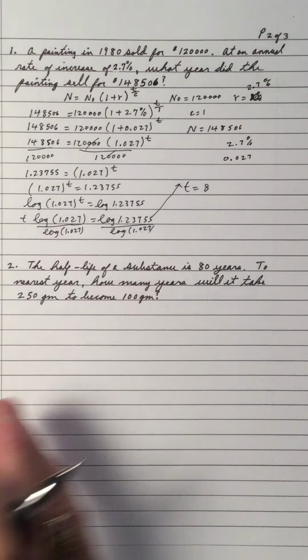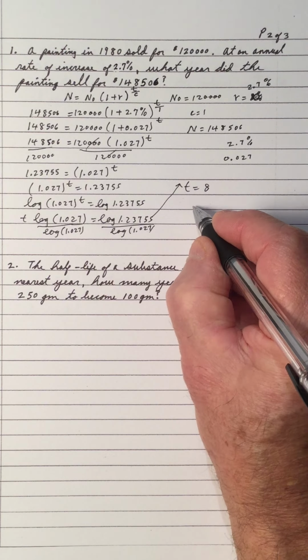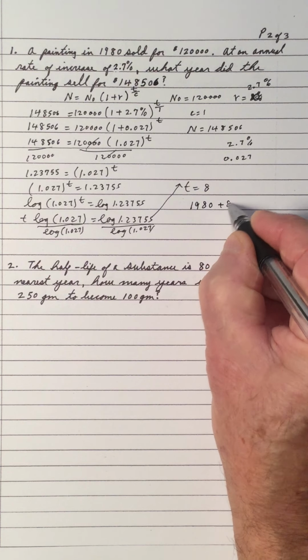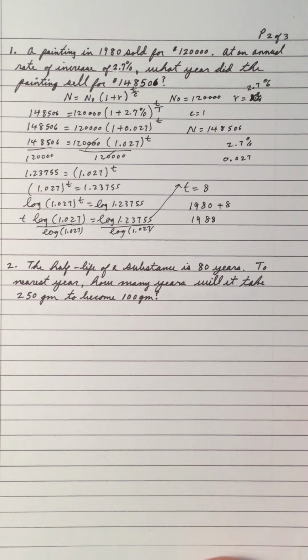So you can see that's 8 years. So in what year? Well, you take 1980, add on 8, so the year is 1988 when the painting was sold.